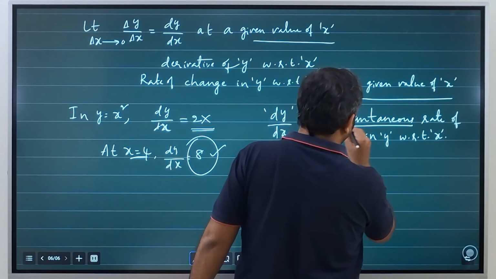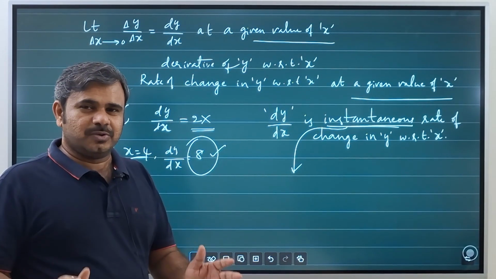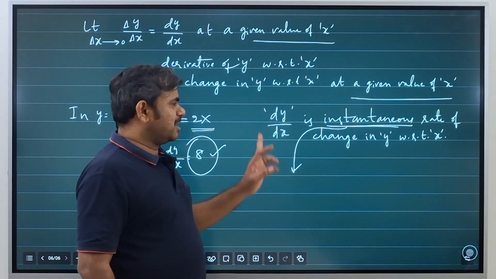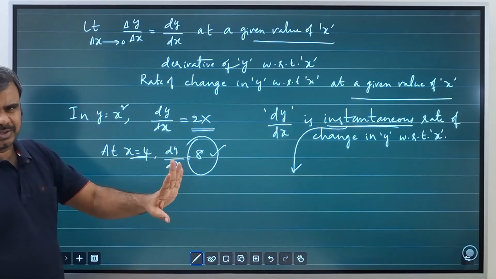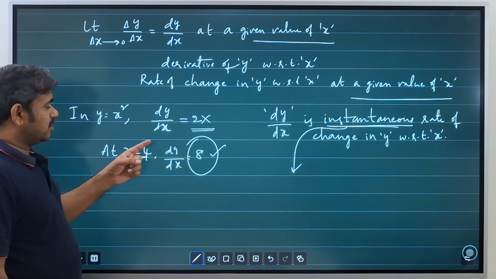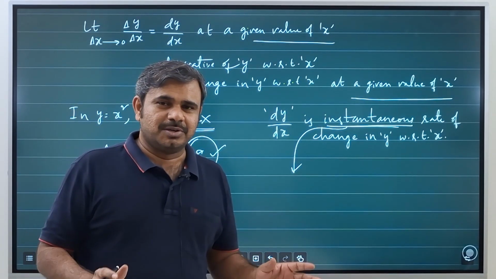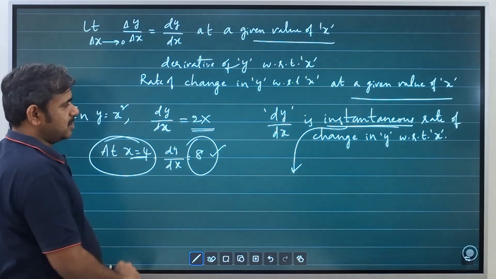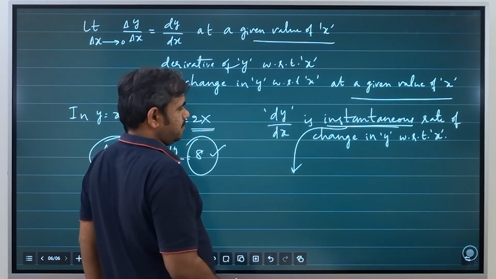Here instantaneous does not mean in the given range of values of x. We are not taking any range of values of x here. We are taking a particular value of x, that is x is equal to 4 or x is equal to 5 or any value that you like. So since we are finding the rate of change in y with respect to x, not in an interval, but at a particular value of x, I would like to call it instantaneous rate of change in y with respect to x.